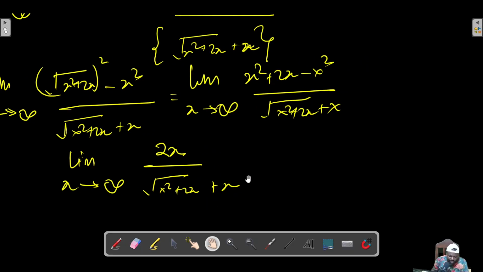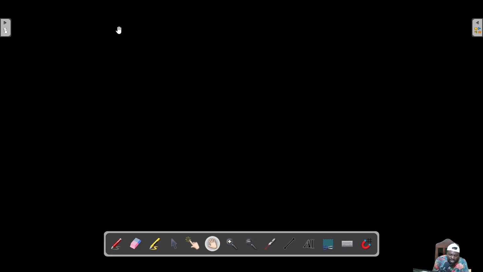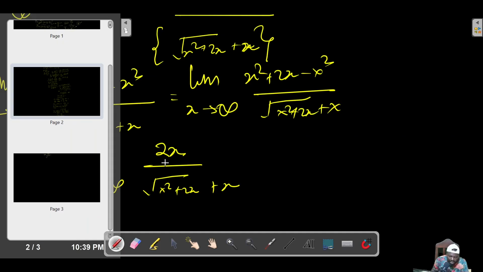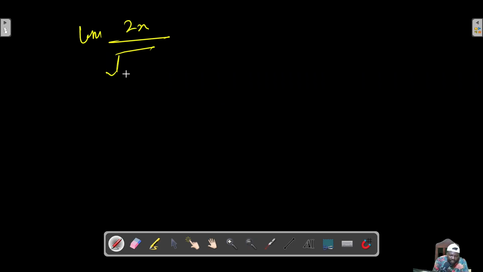I can apply my algebra skills to the limit, so I end up with 2x over root of x squared plus 2x plus x, as x approaches infinity. That's actually simple.